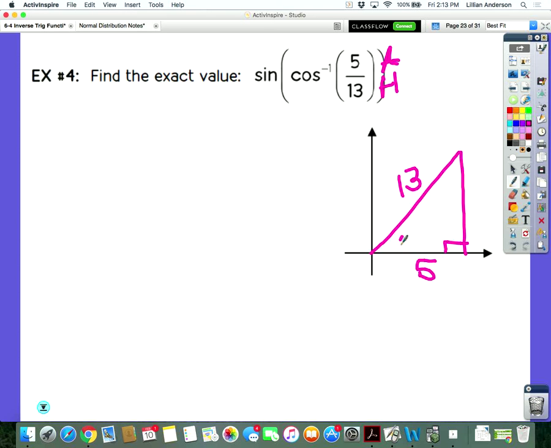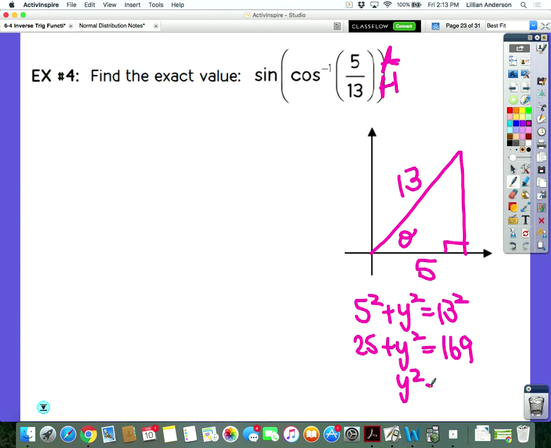I need to find my other side. Pythagorean theorem. 5 squared is 25, and 13 squared is 169. Subtract: 144. So y is 12, and it's positive because you're in the 1st quadrant.